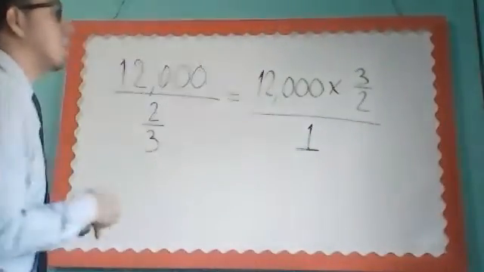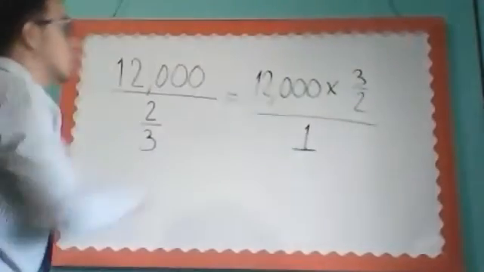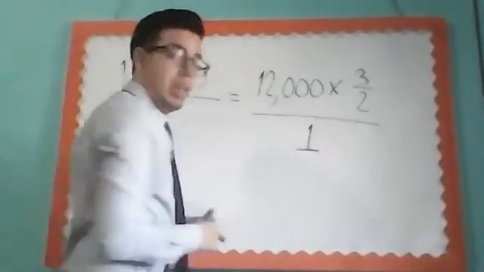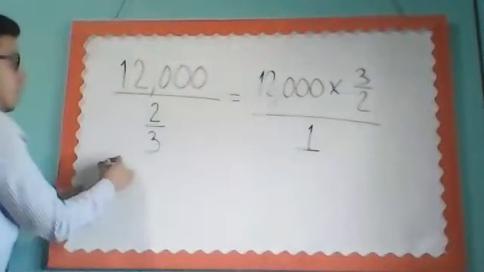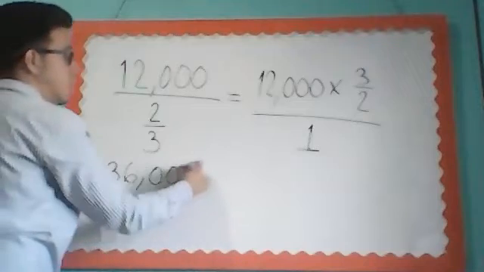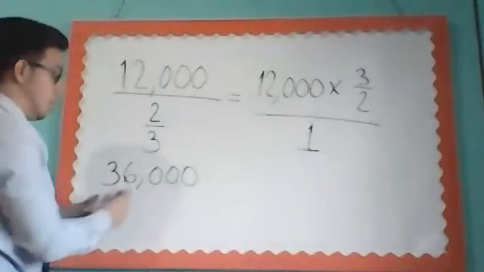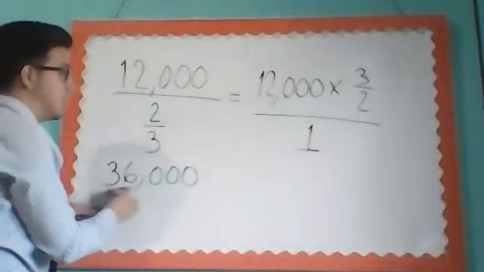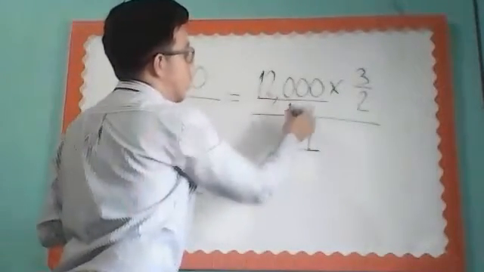And now I only need to multiply these numbers. 12,000 times 3: 12 times 3 is 36, and I only copy the 0s to form the 36,000. And when you have this, you can place a 1 in here.